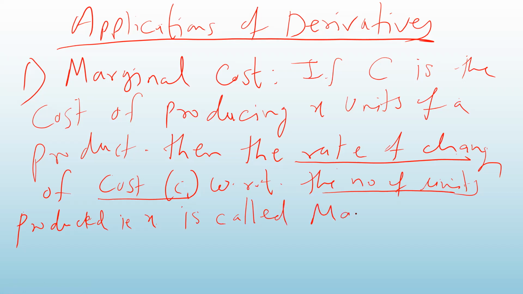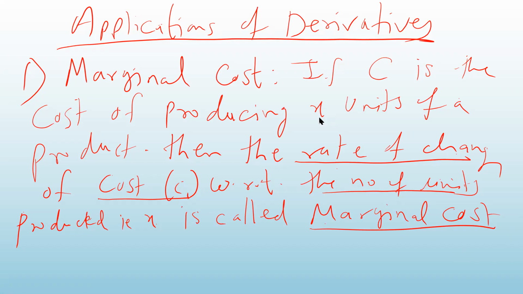Now you know what is the meaning of rate of change. Rate of change means derivative. Derivative, how we have defined? We have defined derivative as the rate of change. Derivative of y with respect to x is what? It is the rate of change of y with respect to x. Y depends upon x. So as you change x, y will also change. So here C depends upon x. Cost depends upon number of units produced.